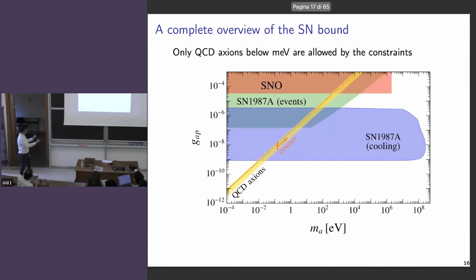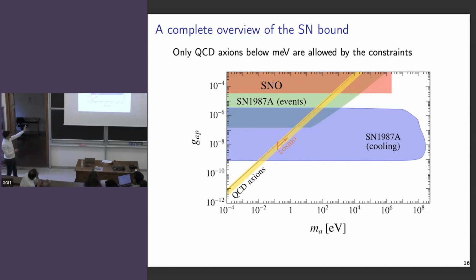And so here you can see an overview of the constraints that can be obtained using the strategies that I have just discussed. In particular, here you can see in blue the bounds obtained from the energy loss argument, so the cooling bound, and in green the one obtained through the non-observation of events from supernova 1987A.